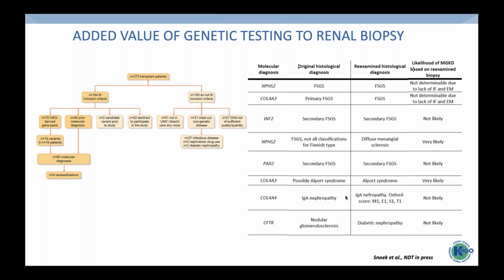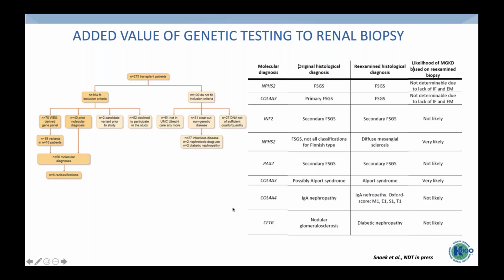The next patient had a PAX2 mutation, again clearly monogenic disease. The third patient had a COL4A4 mutation, identifying Alport disease. And the last one had cystic fibrosis, in fact. In this patient, the original diagnosis was nodular glomerulosclerosis. This may mimic diabetic nephropathy, and that actually was the diagnosis by re-examination.